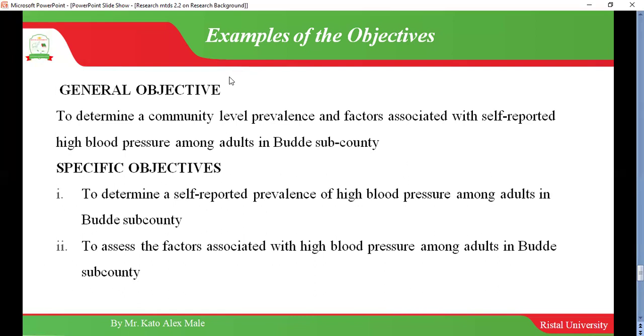You can see how we have come up with the self-reported prevalence of high blood pressure, it is coming from the general objective, and the associated factors also come from there. That's why we say the specific comes from the general objective. But like I told you, at undergraduate level, do not exceed the 2 objectives because that's what you can achieve for now.